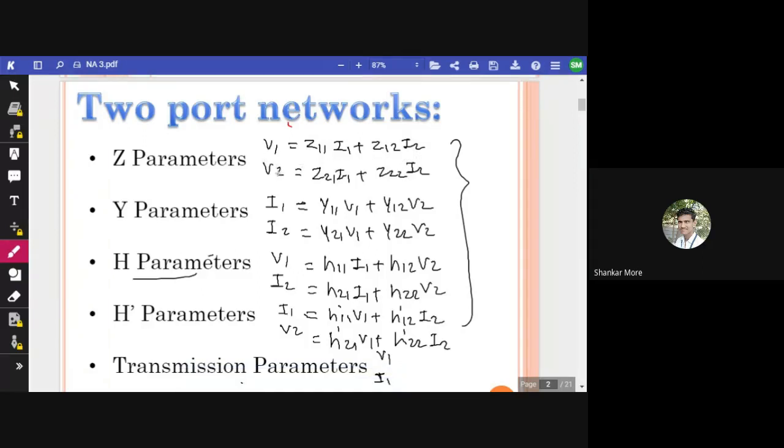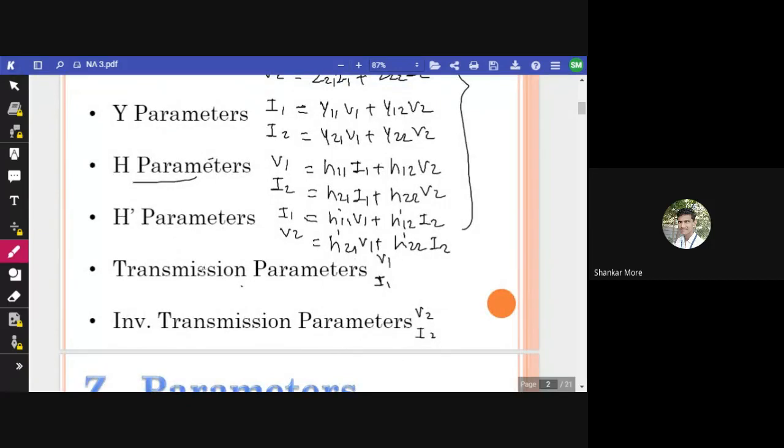Now V1, V2 for Z parameters, I1, I2 for Y parameters, V1, I2 for H parameters, and I1, V2 for H inverse parameters. Now what is remaining? Transmission parameters. For transmission parameters, we have V1, I1, and for inverse transmission, we have V2, I2. So we have seen Z parameters, Y, H, H inverse. Now we'll directly go to the transmission parameters.